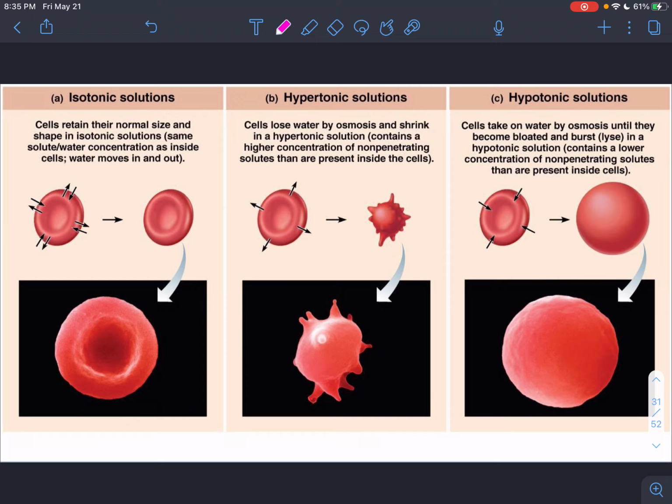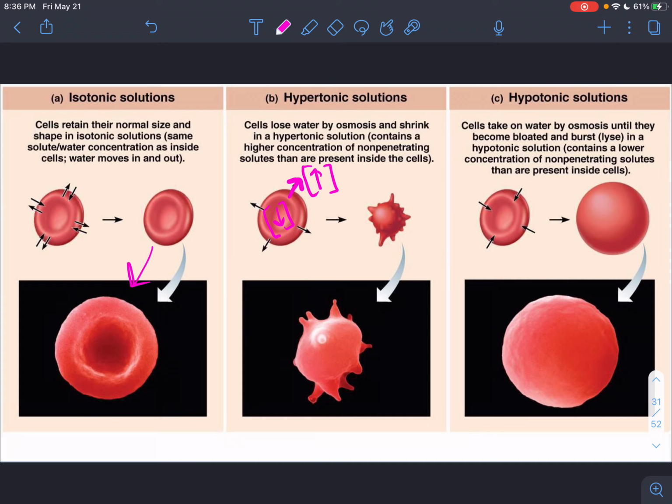So again, isotonic solution, we're already at equilibrium, so there's not going to be a net movement of water, so your blood cell is going to stay just the same. Hypertonic solution, we have a greater concentration of solute outside compared to inside, lower concentration inside. So water is going to leave to try to dilute that external solution.